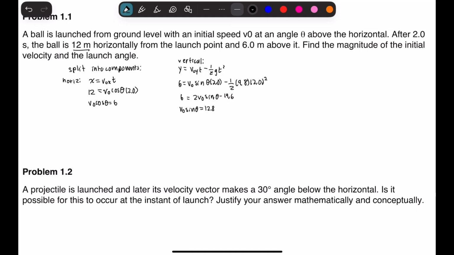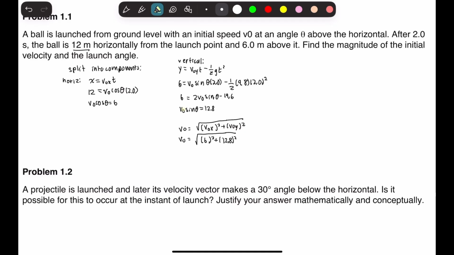Now, if we solve for v initial, this is going to be equal to the root of 6 squared plus 12.8 squared. And this is because v initial is equal to the root of v ox squared plus v oy squared.